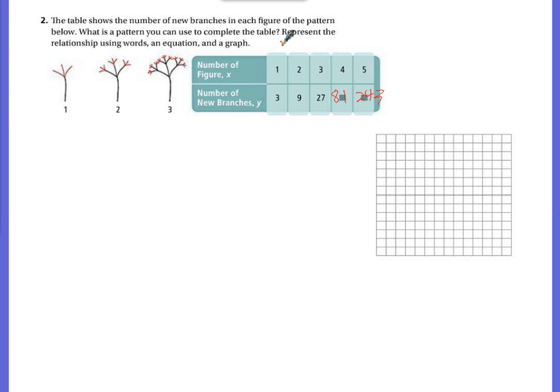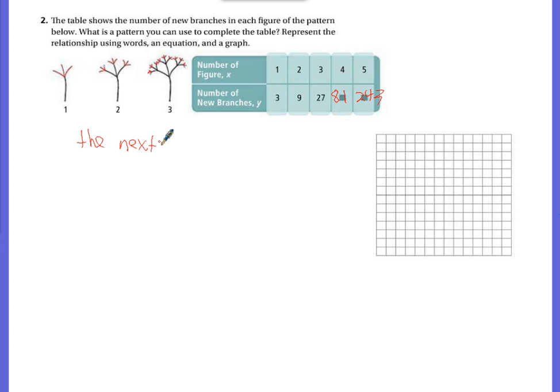So in words, what can we say? In words, so the next figure, let's do this. I'll just help you out with this part.